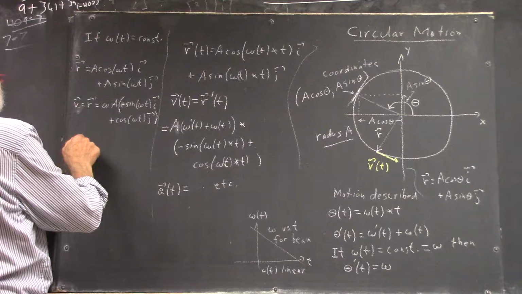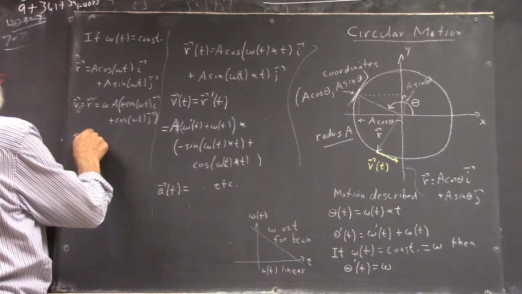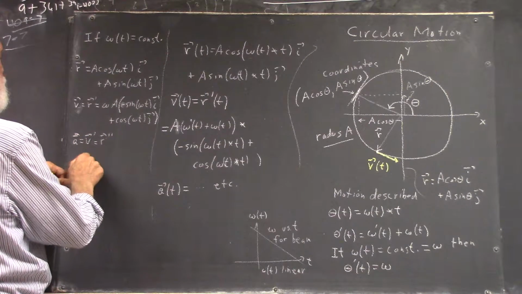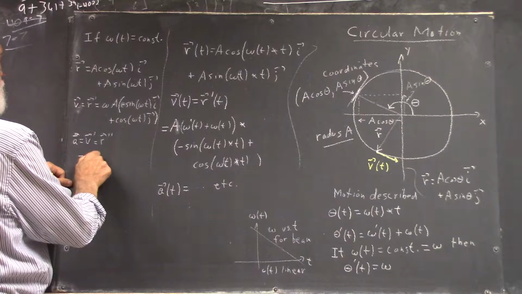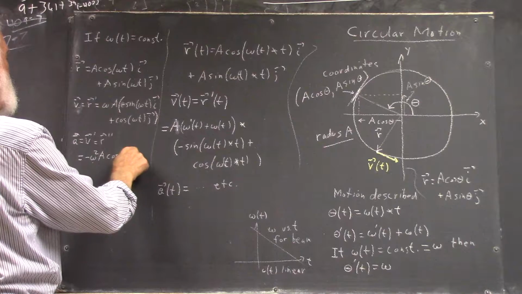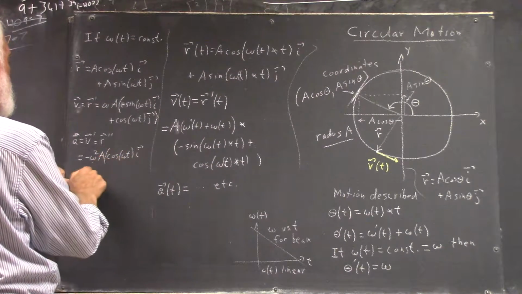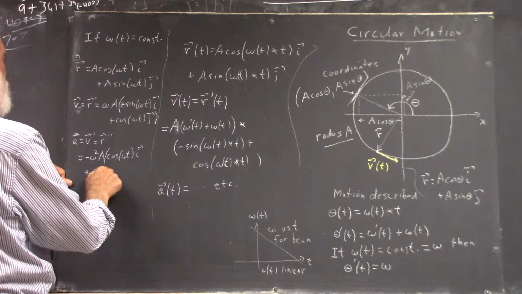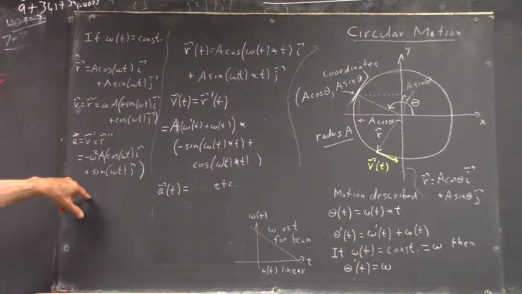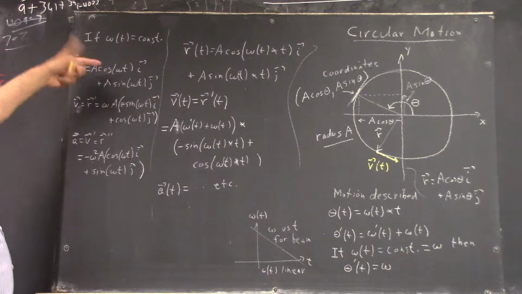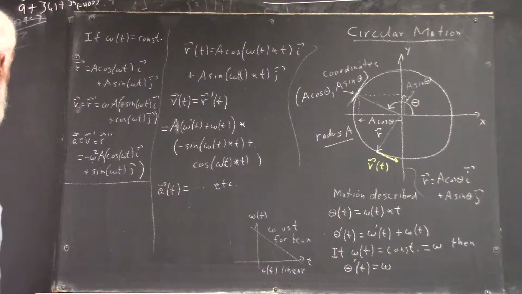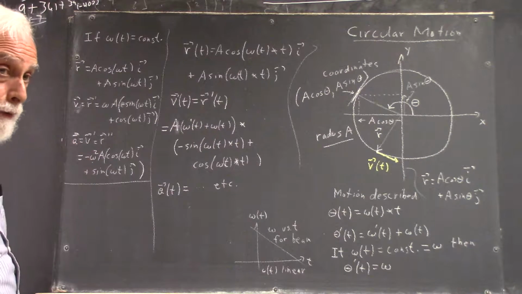And A equals V prime equals R double prime, which equals negative omega squared a, cosine of omega t i plus sine of omega t j. All very simple, very easy to verify and to check whether I'm making a mistake with this. That's certainly possible, you know that. Okay, so there we have it.